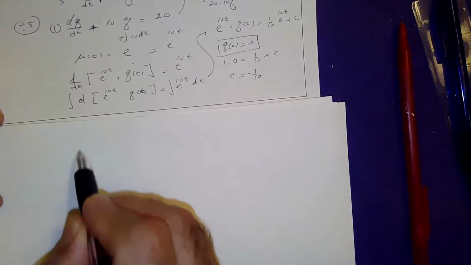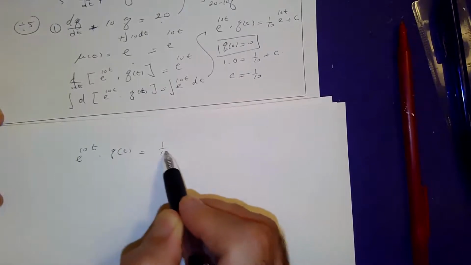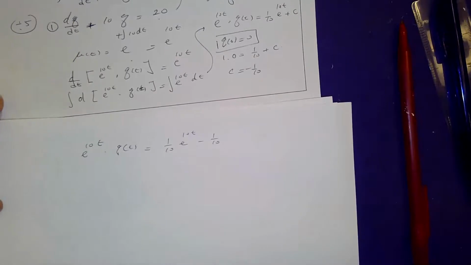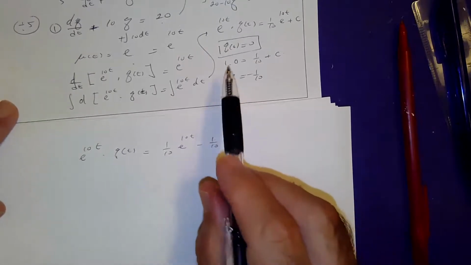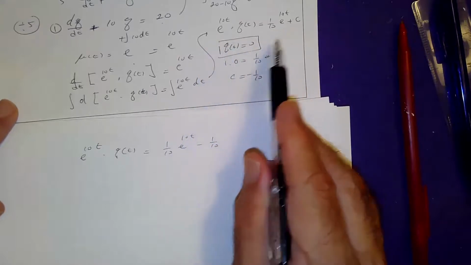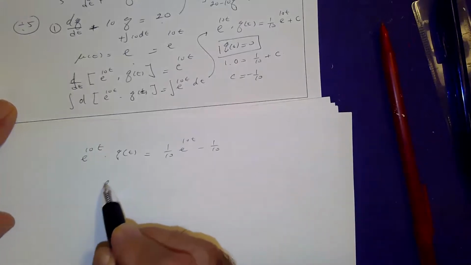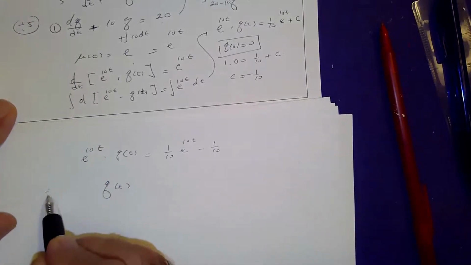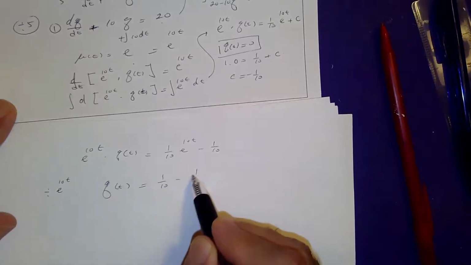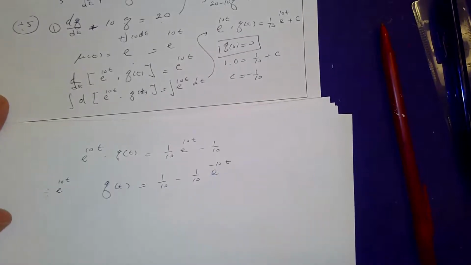So this would be e to the 10t times Q of t equals 1 over 10 e to the 10t minus 1 over 10. Did I do that right, guys? I guess we are okay. So therefore Q of t, if you divide both sides by e to the 10t, would be 1 over 10 minus 1 over 10 e to the negative 10t.